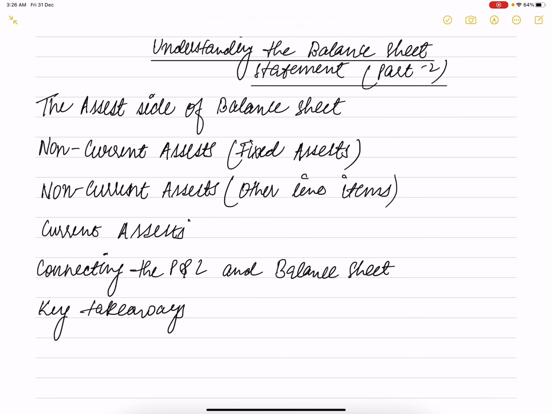Now, let's talk about the key takeaways from this chapter. The asset side of the balance sheet displays all the assets of the company. All assets are expected to give an economic benefit during their useful life. Assets are classified as non-current and current assets.